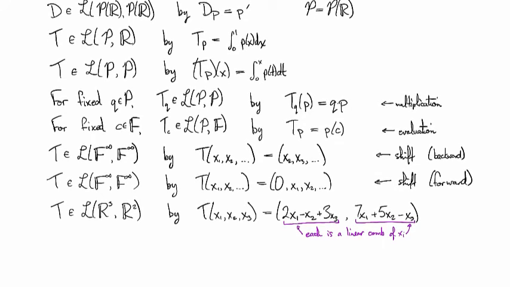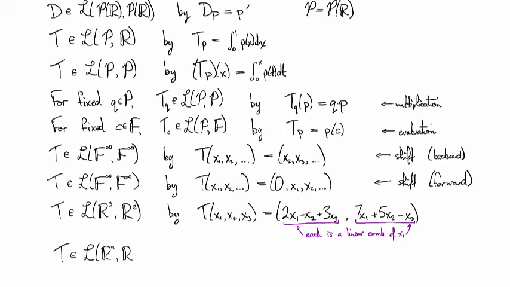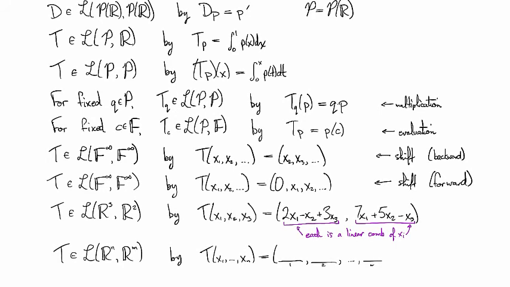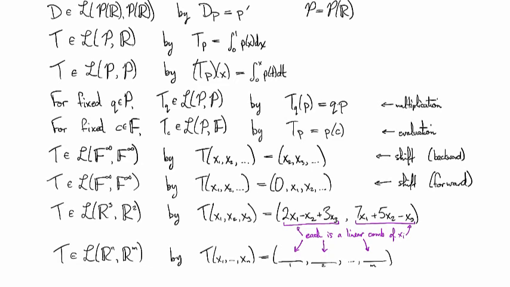And so this generalizes very easily to a map from Rn to Rm. In this case, there's going to be a first blank and then a second blank and then up through m blanks. And each one of these things is going to be a linear combination of x1 through xn.